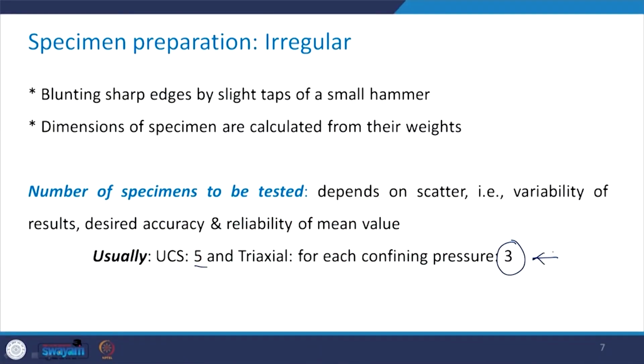Therefore, for each confining pressure we go for 3 specimens. However, for soils, we take only 1 specimen for each confining pressure. So for rocks, we have to be careful.